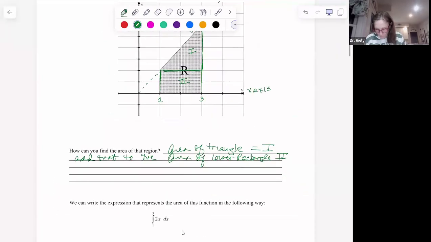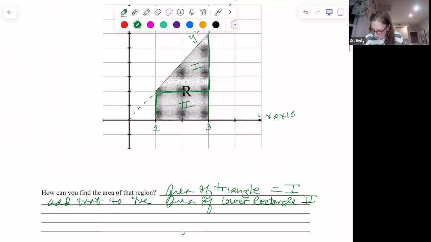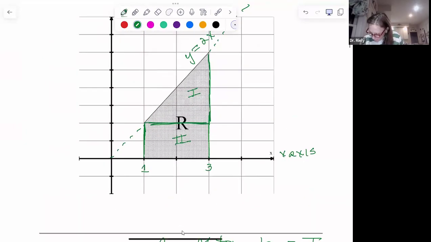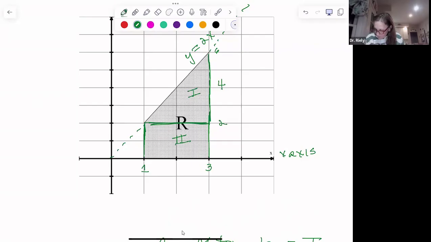So to get the first one, we can say, okay, what is this going to be? So let's put some numbers on here. So if I just count, this is 2, 3, 4, 5, 6. So this is 6. This is 2. That's going to be 4. This will be 2. So from here to here is 2. From here to here is 4.